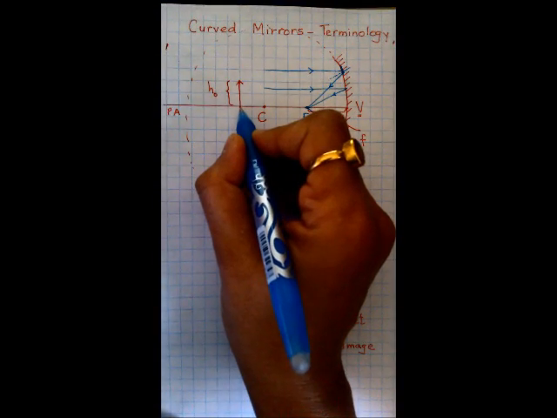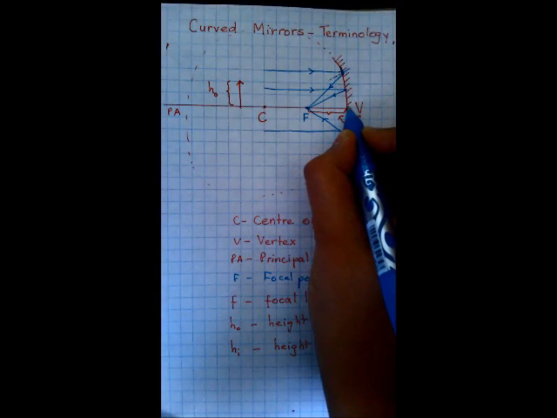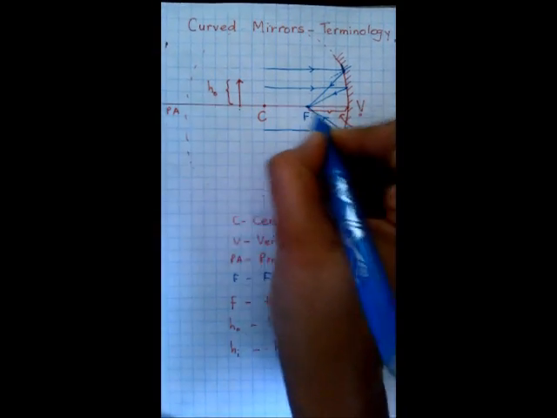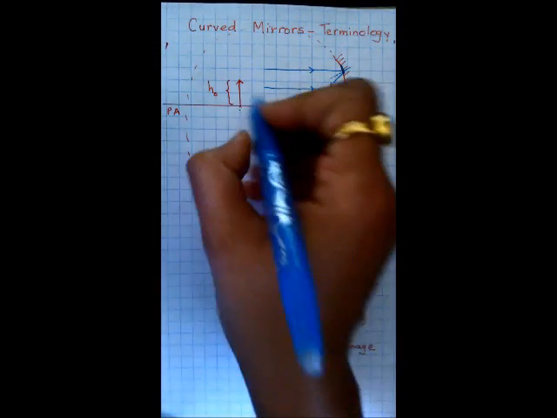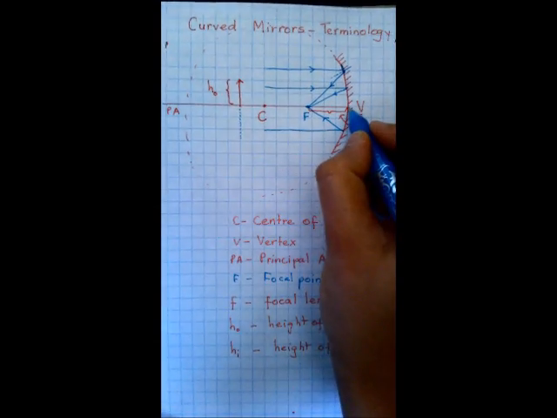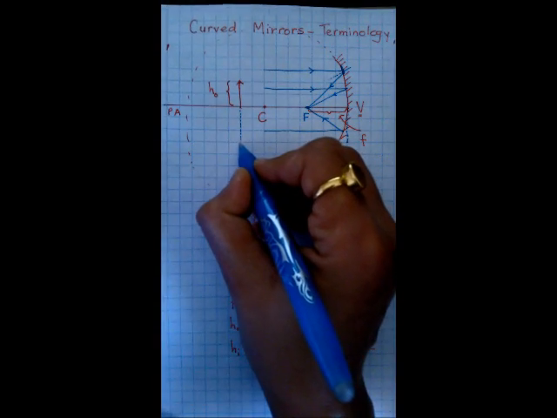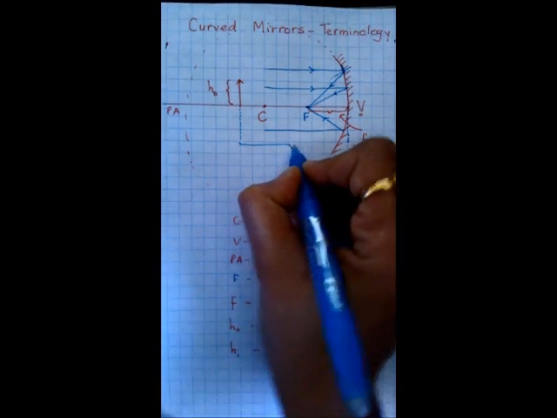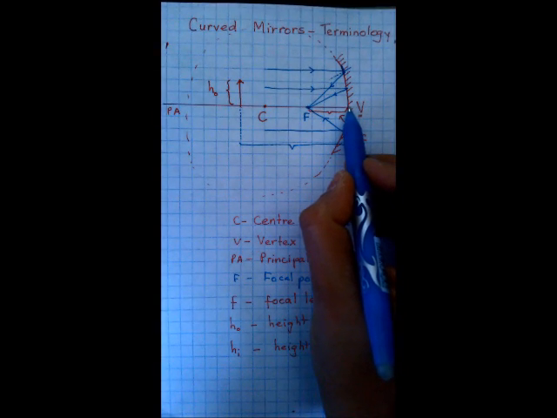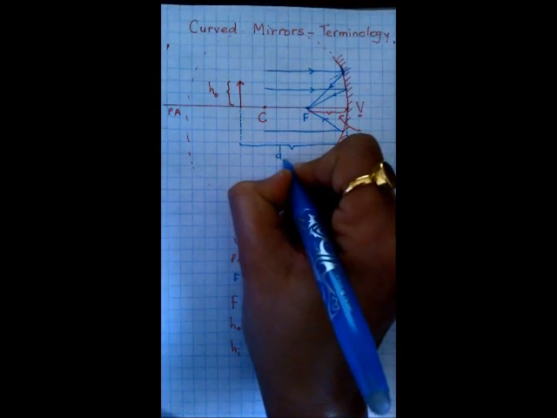Okay, this distance between the object and the vertex is known as the object distance. So because this area over here is now really busy, I'm going to represent it in this manner over here so that we clearly understand. The object distance is actually the distance between the vertex and the object represented by DO.